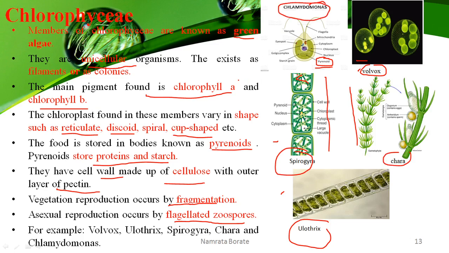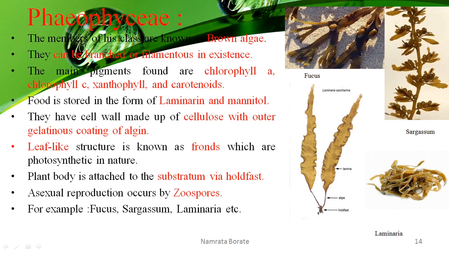The next class is Phaeophyceae. What is Phaeophyceae? As the name indicates, brown color algae. The members of this class are brown algae. They can be branched.